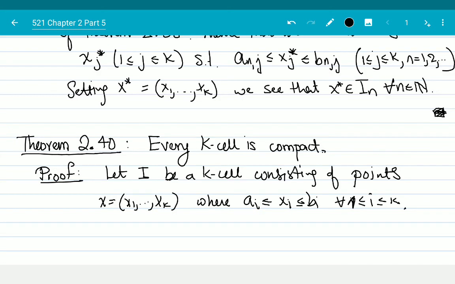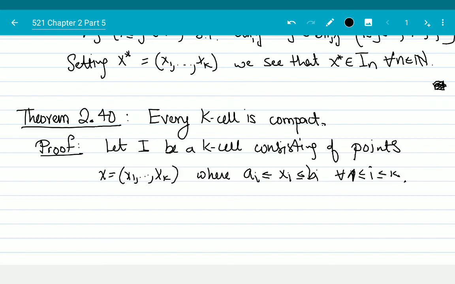Okay. Then what we do is we denote the size of this k-cell.